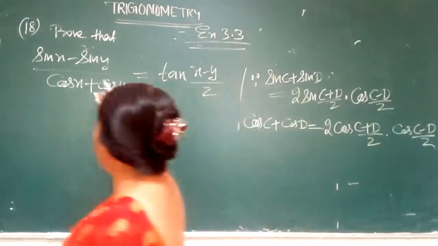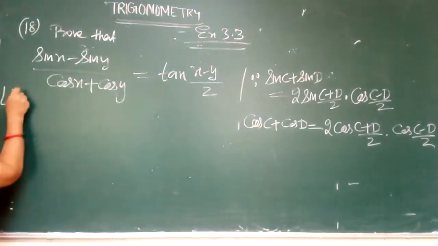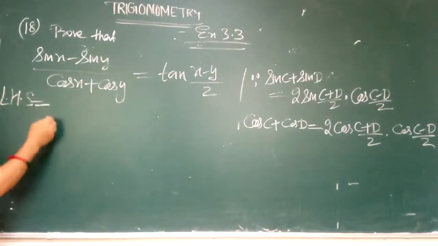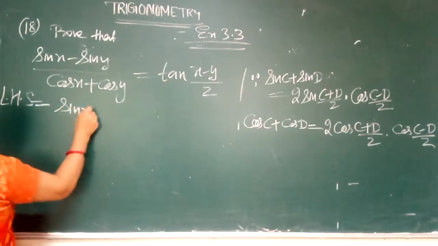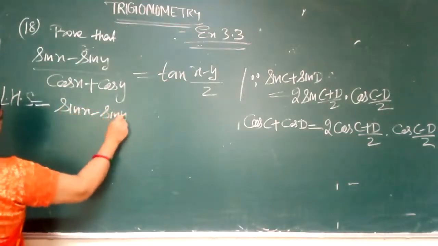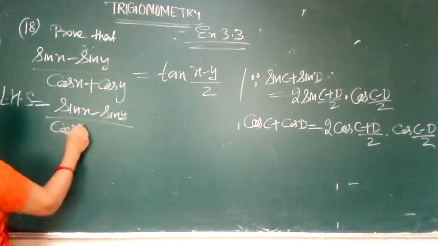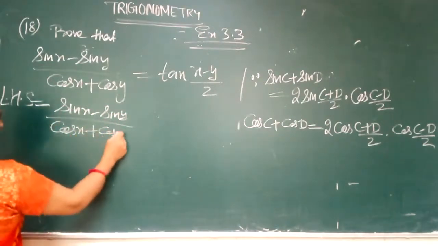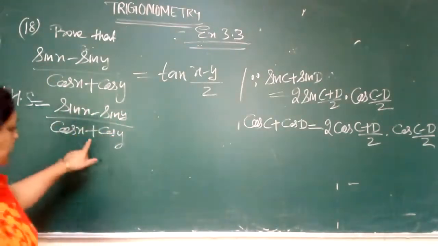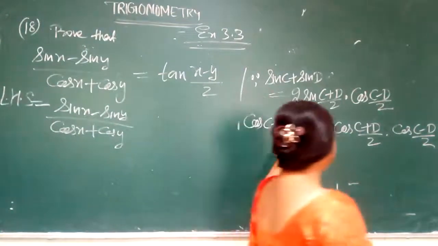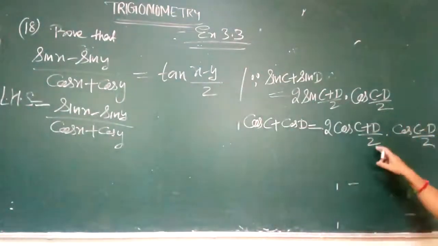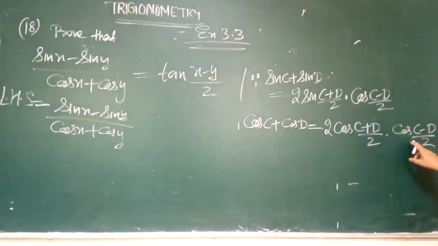Now students, we will use the left hand side here. The left hand side is sin x minus sin y upon cos x plus cos y. Already I have written the formula of cos x plus cos y, that is 2 cos (c plus d) upon 2 and cos (c minus d) by 2.